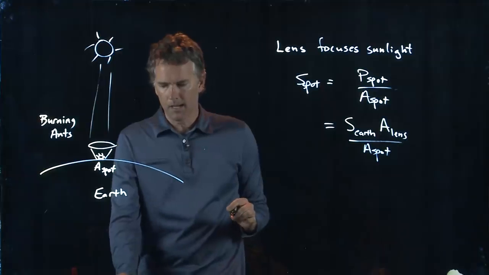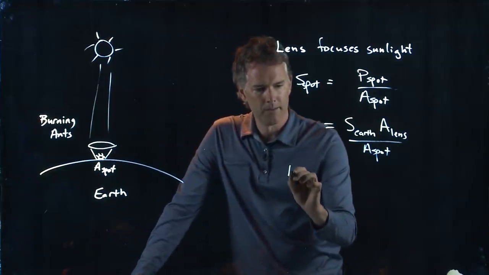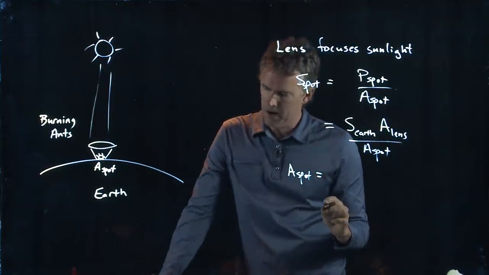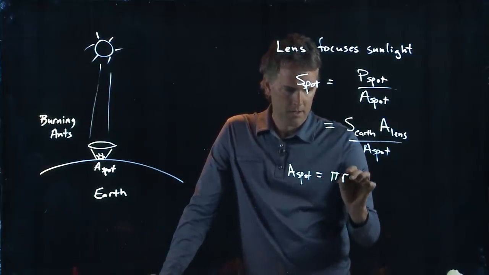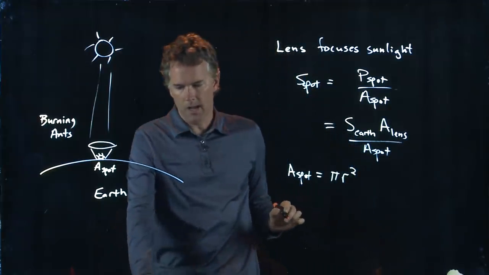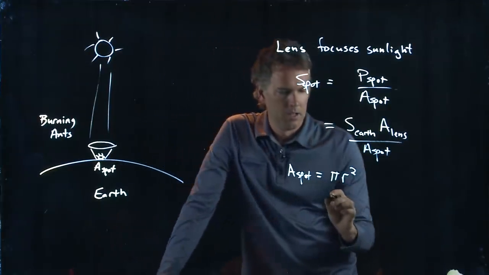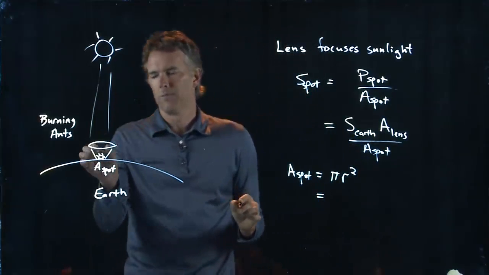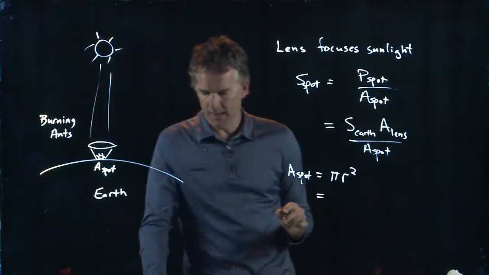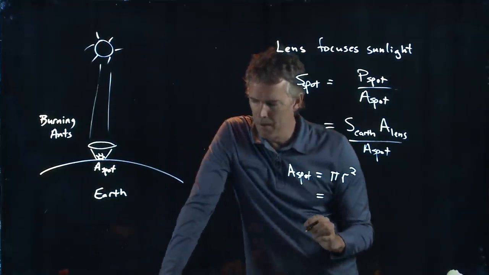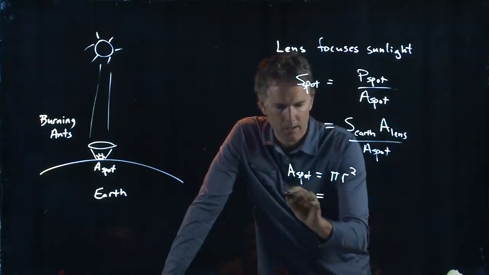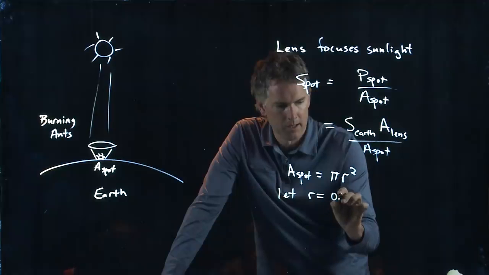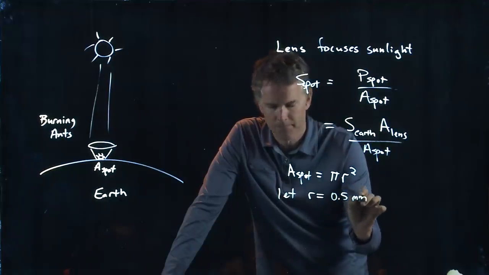So, how big is your spot? Well, it's a circular lens, and so it's just pi r squared. Okay. And let's say that the spot is pretty small. Let's say that it has a diameter of about 1 millimeter. Okay. So we'll let R be something like 1/2 millimeter.